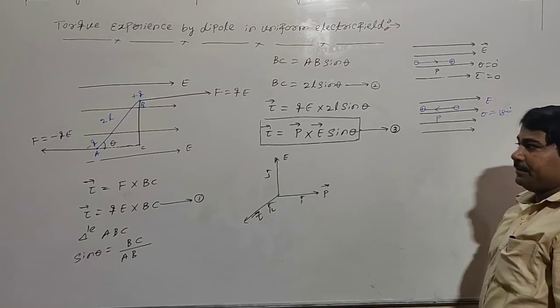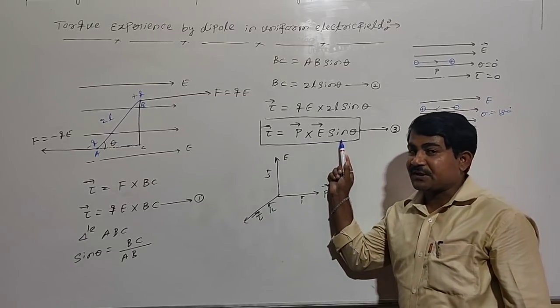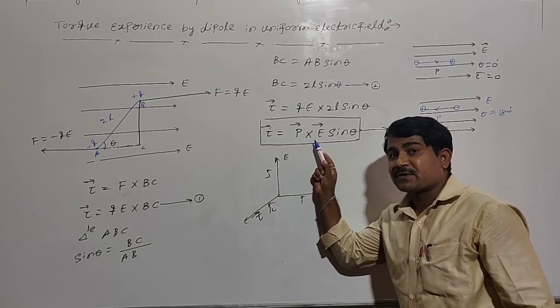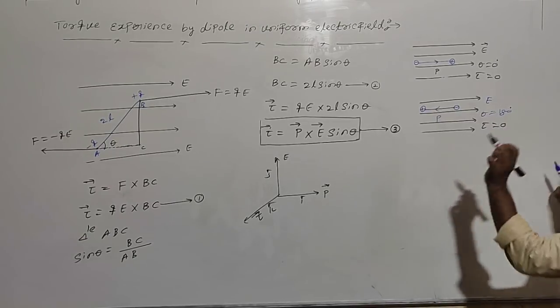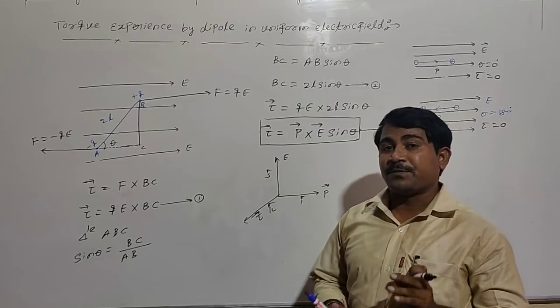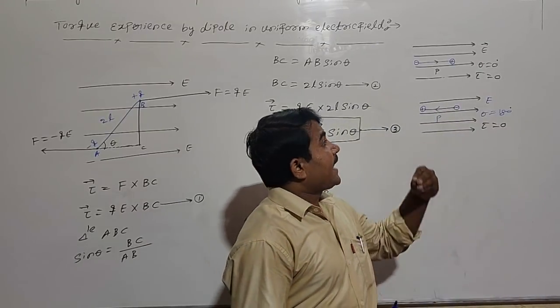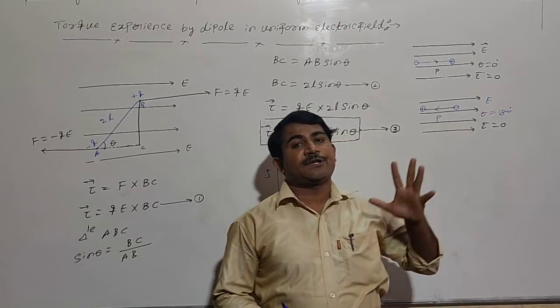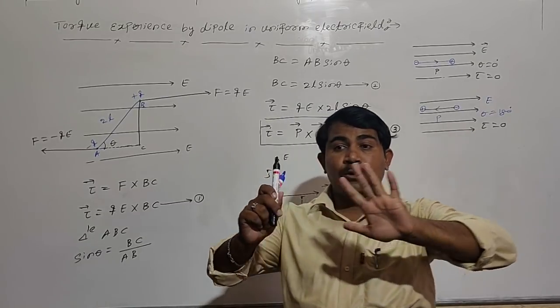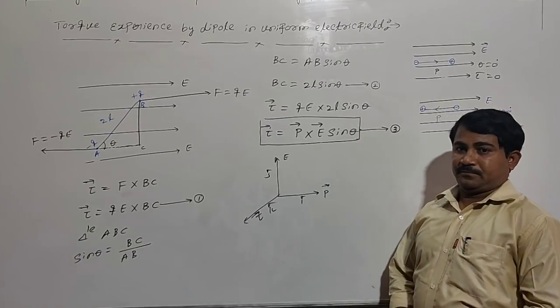Theta equal to 180, sin 180 is 0, 0 into PE is 0. Then what about the torque here? In this case also torque is 0. What is the meaning of this? When a dipole is placed parallel or anti-parallel to the direction of electric field intensity, no torque is experienced.